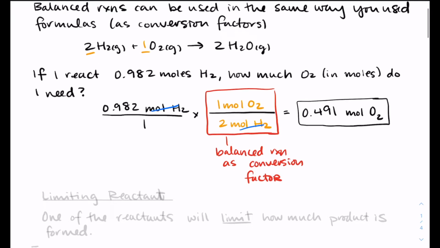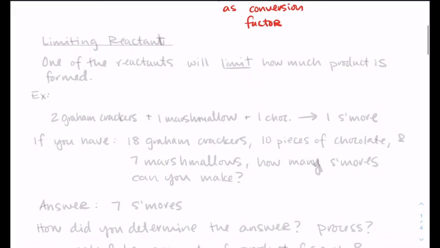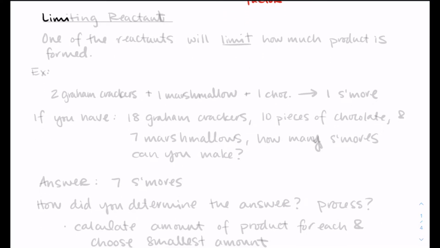From the coefficients, I know that 1 mole of O2 is needed for every 2 moles of H2. This is a conversion factor from the balanced reaction. Moles of H2 cancels, and I'm left with moles of O2, and because I also had to divide by 2, numerically, my answer is 0.491 moles of O2.